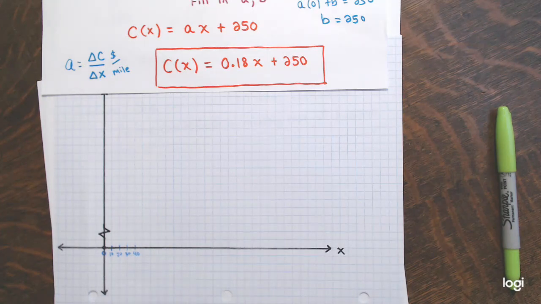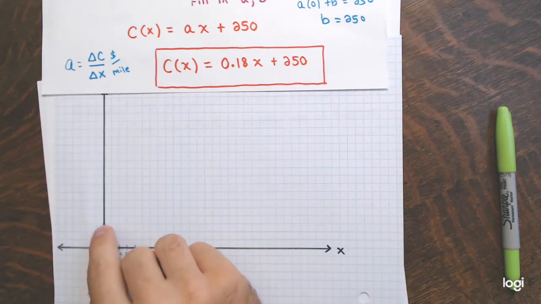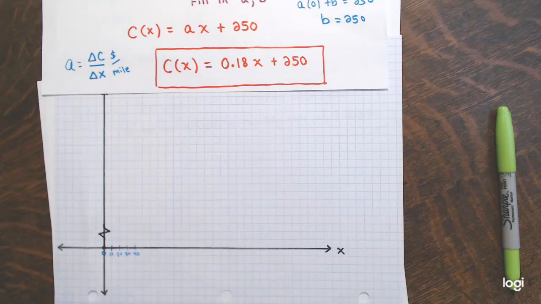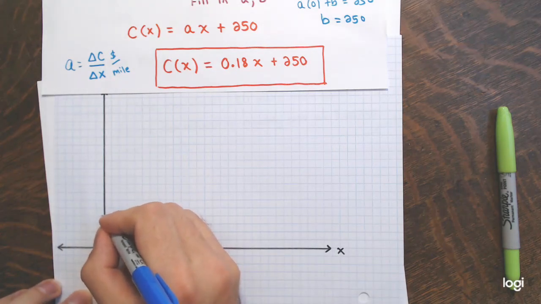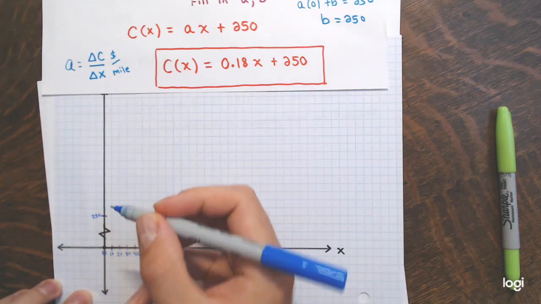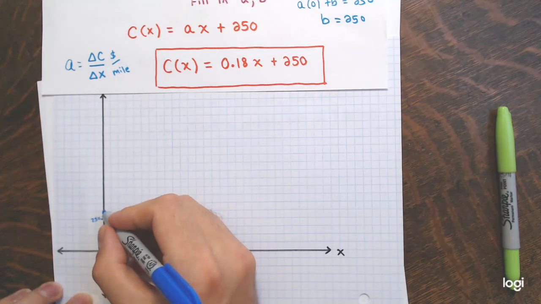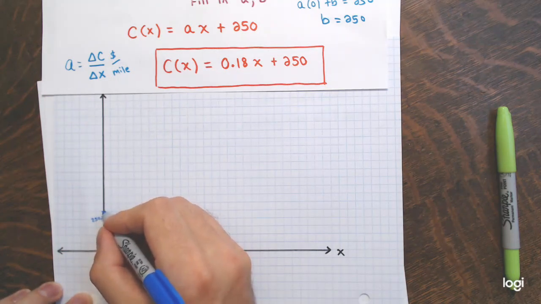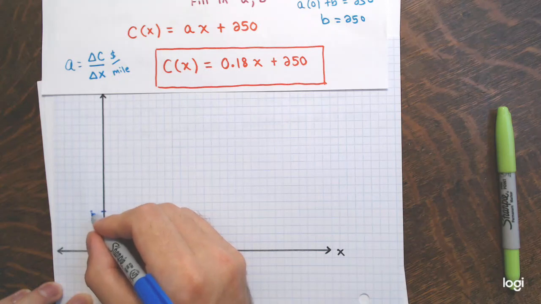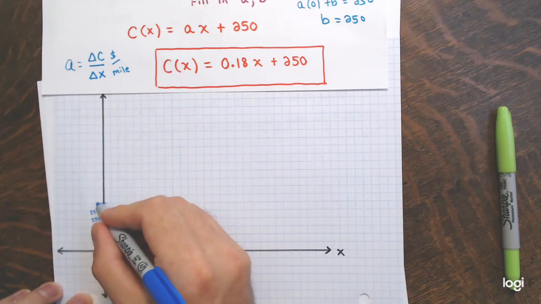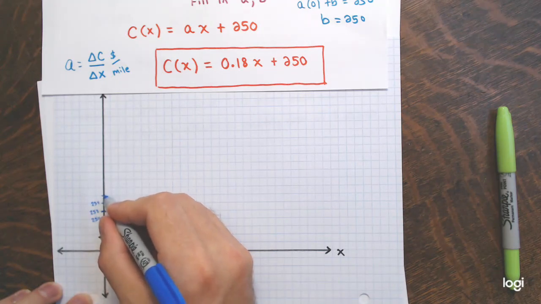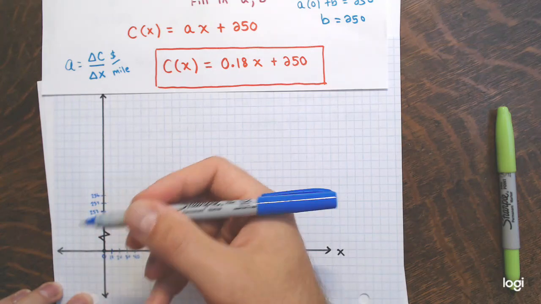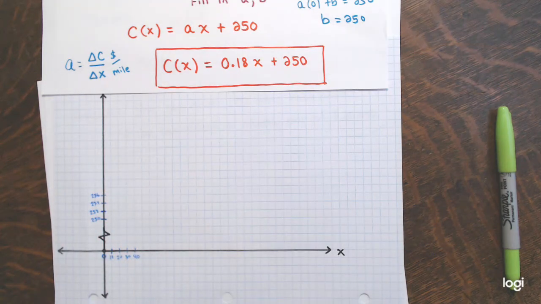All right, so here's 0, here's 2, here's 4, and then I jump way up, and I'll have this square here represent $250 of cost, and then I'm going to go every $2. All right, so 252, 254, 256, etc. Every notch, every square represents $2.